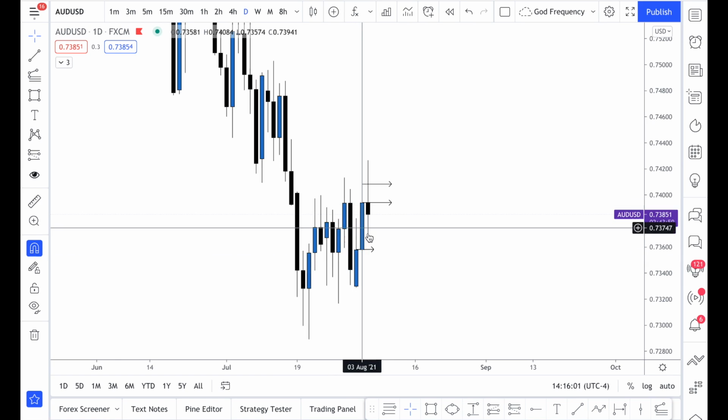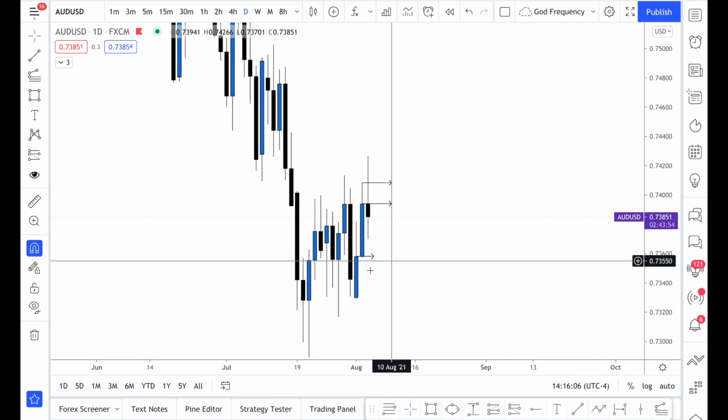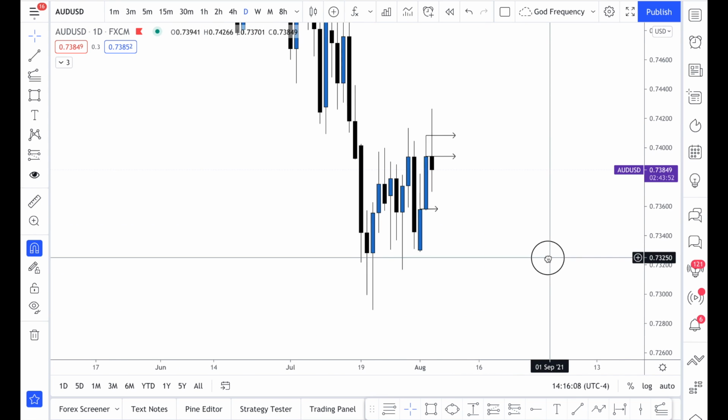This one didn't even make a low. It literally opened and just shot up. So not the greatest example.